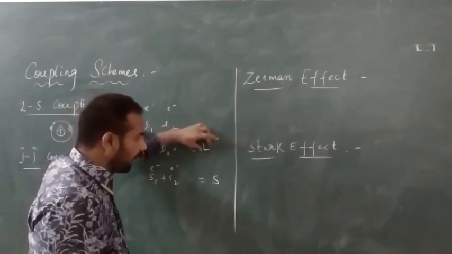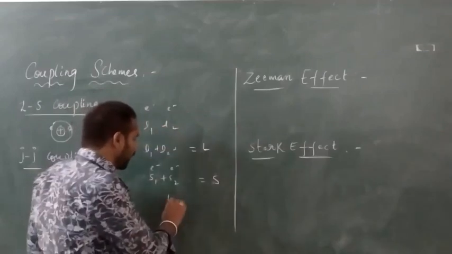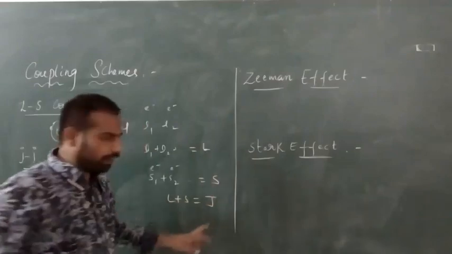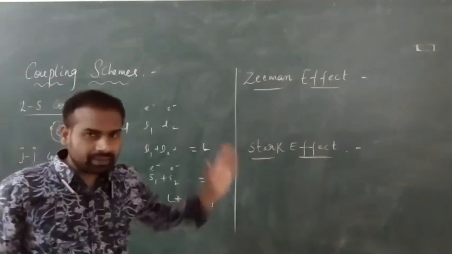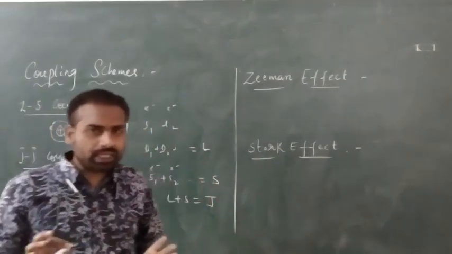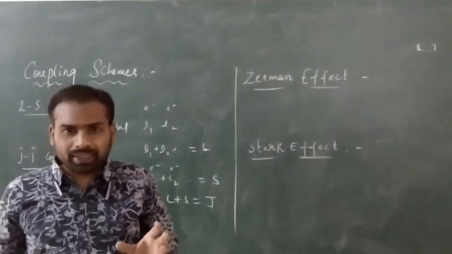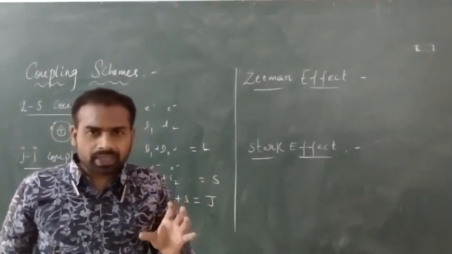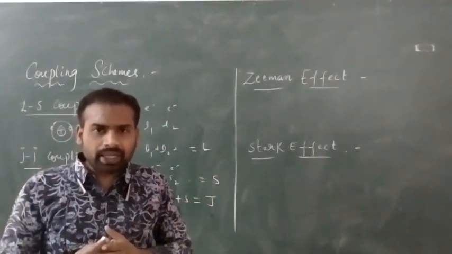The total orbital angular momentum plus the total spin angular momentum gives the total angular momentum J. So, like this, there is an interaction between the orbital angular momenta and the spin momenta.